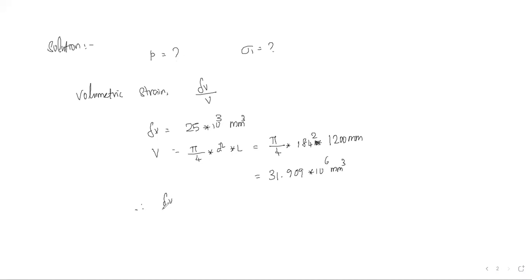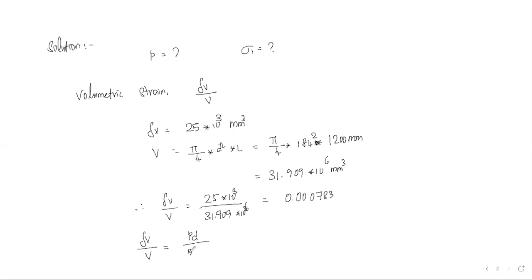Therefore, del V by V becomes 25 into 10 cube divided by 31.909 into 10 to the power 6, so it becomes 0.000783.